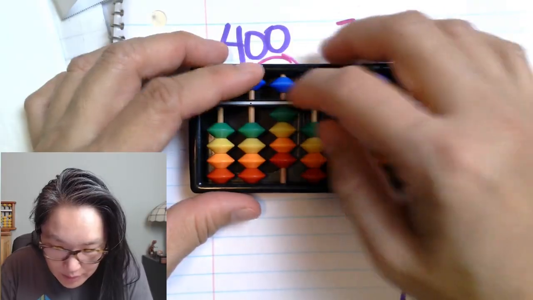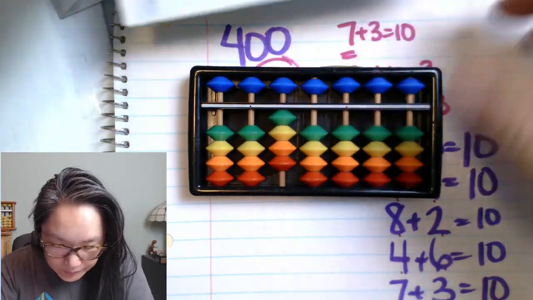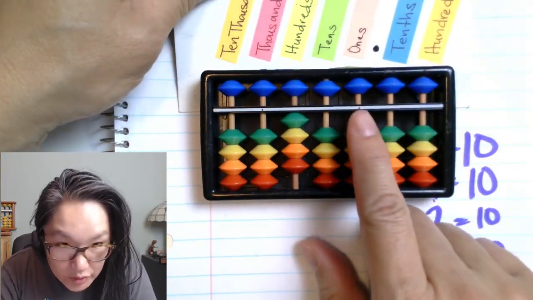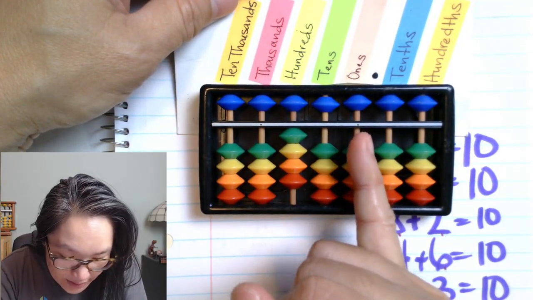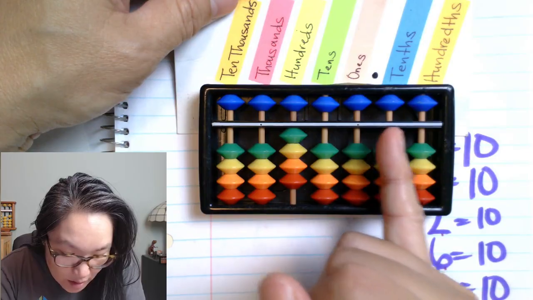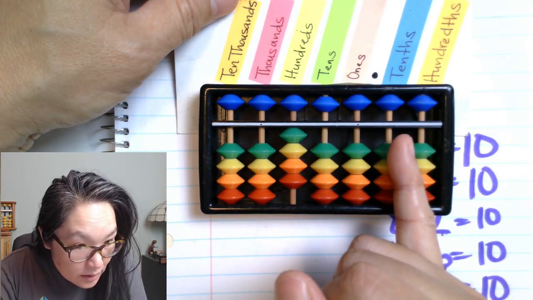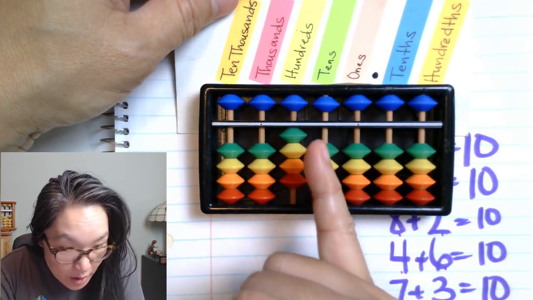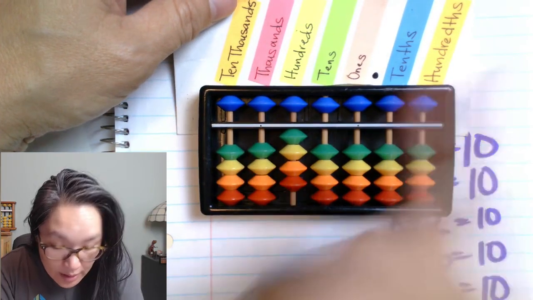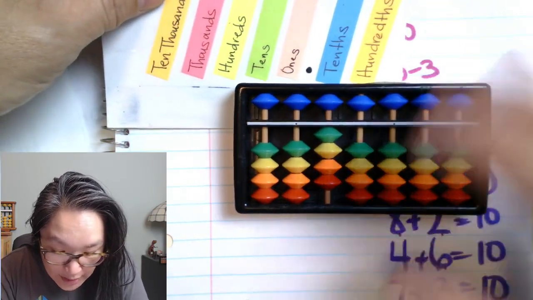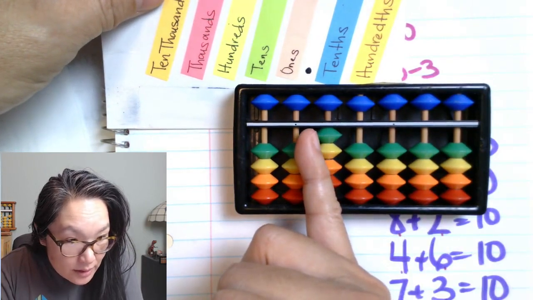You know why? Because when we look at it, we can choose any column to be our ones. So anytime you choose a ones, the next column over will be the decimal place. So if I choose this one to be my ones, then I move everything over, and now this is my decimal place. Does that make sense?